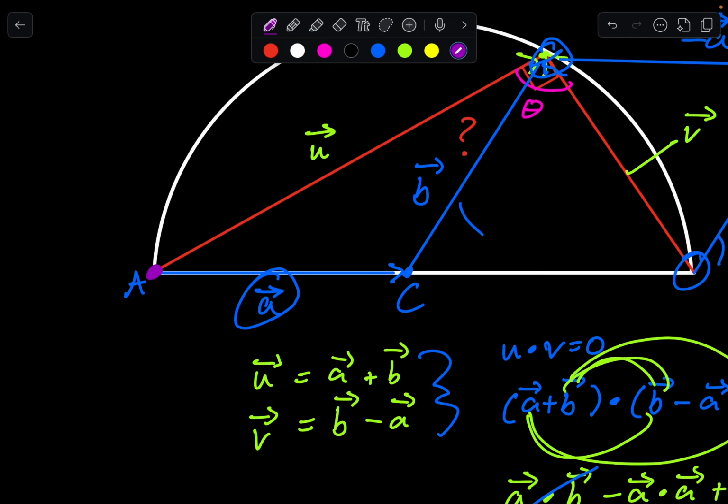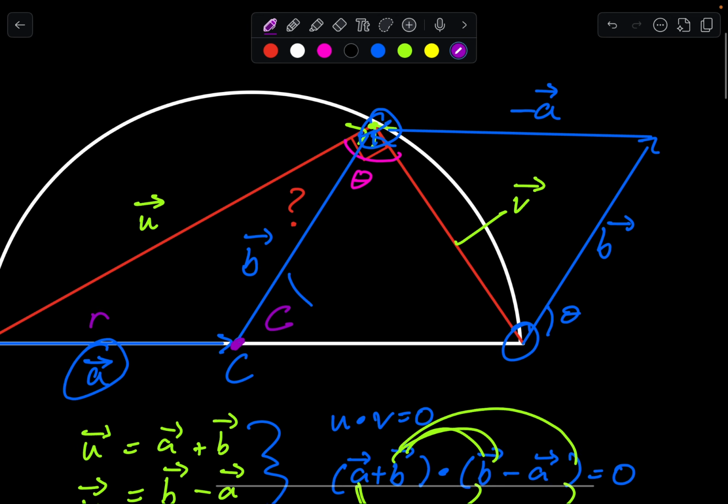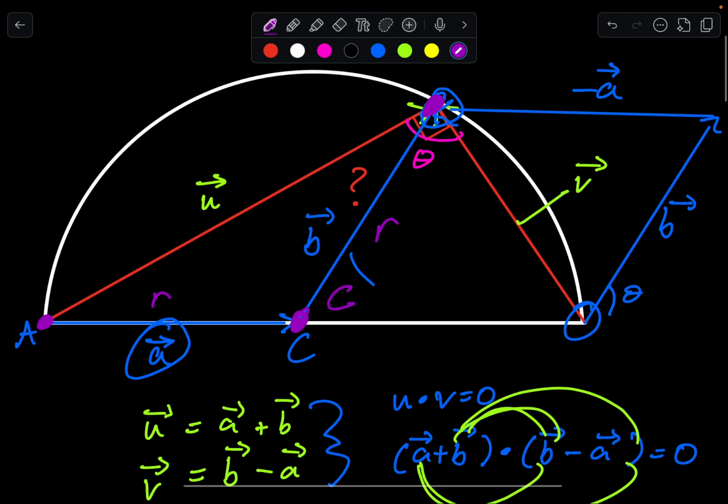We have the vector a going from this point to this point. This is our center, and this is an endpoint that exists on the circle, which means that this is actually a radius in length. And similarly, this is our center, and this is also a point that exists on the circle. So we can call this length right here also a radius.